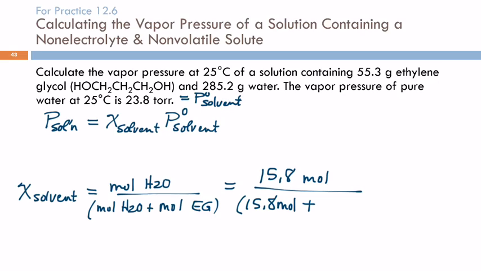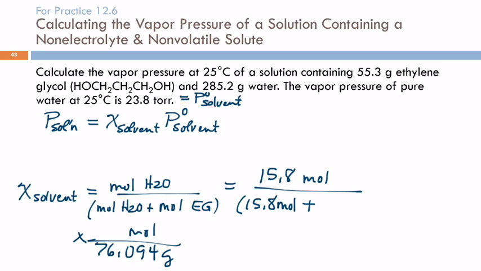Anybody figure out what the moles of ethylene glycol are? Nobody wants to do that. 1, 2, 3 carbons, 12.01 times 3, plus 2, 4, 6, 8 hydrogens, and 2 oxygens. So the molar mass is 76.094 grams per mole.